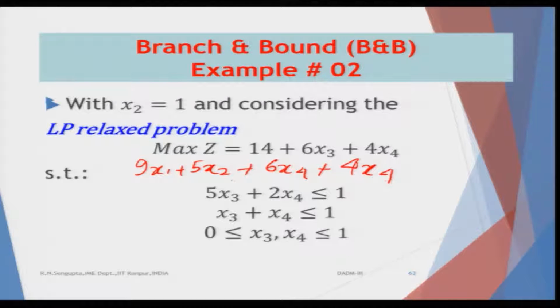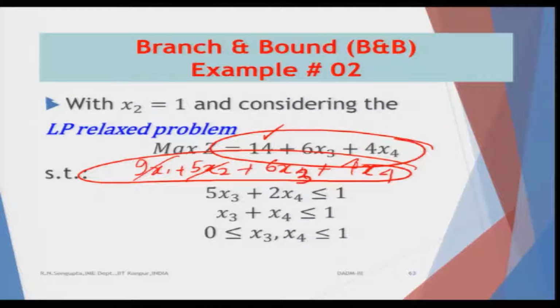So, x 2 is 1. So, this is 5, x 1 was 1 which was 9, 9 plus 5 is 14, this is 14, oh this is 3, sorry, and x 3 and x 4 remain. So, it is basically 14 plus 6 x 3 plus 4 x 4. So, this equation and the original one are the same, which is fine.